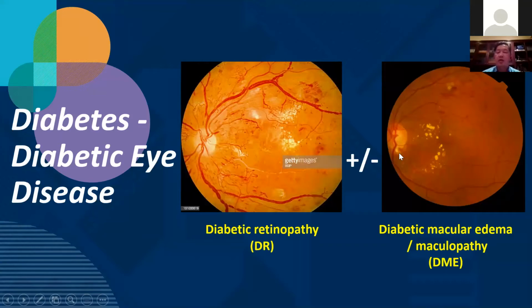Now the macula is located 2 optic discs temporal and half an optic disc down, so around about this area here, or in this case here. So here we have a good example of severe diabetic retinopathy, and here these little things, or lipids, is an indication of macular edema, which is maybe affecting the macula.